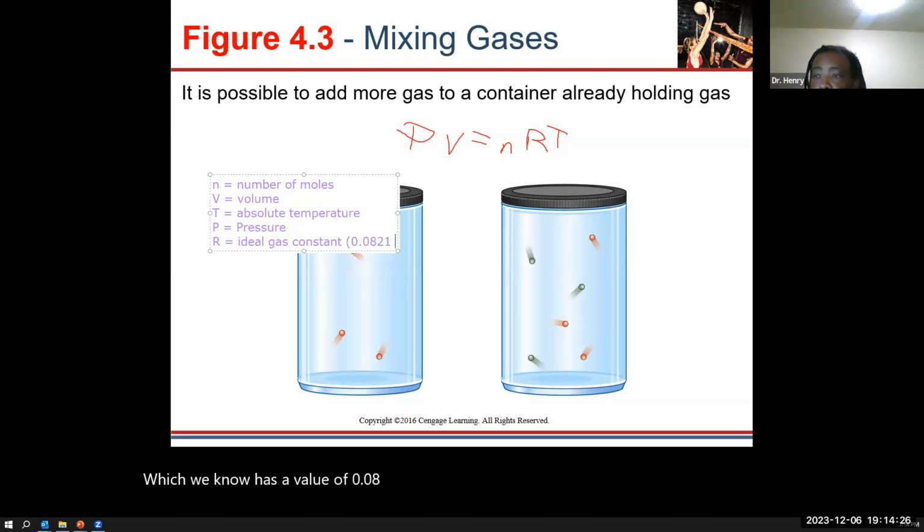0.0821, and that's atm liters divided by moles Kelvin.